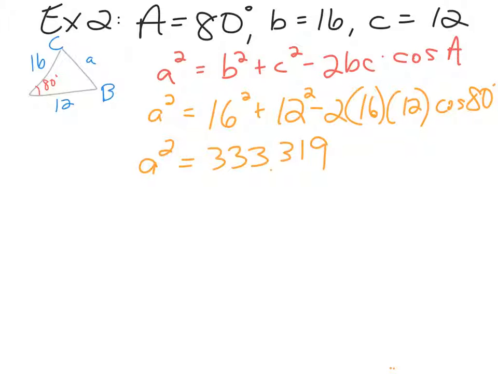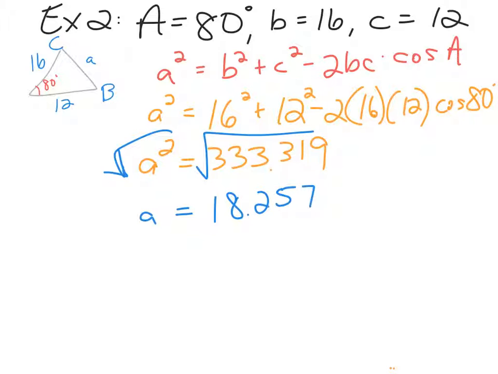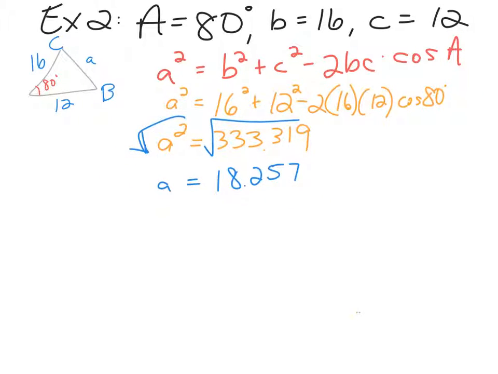And then we've got A squared, we want A, so we can just square root both sides. That's going to give us an A value of approximately 18.257.